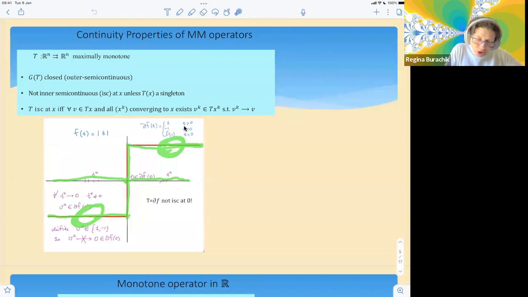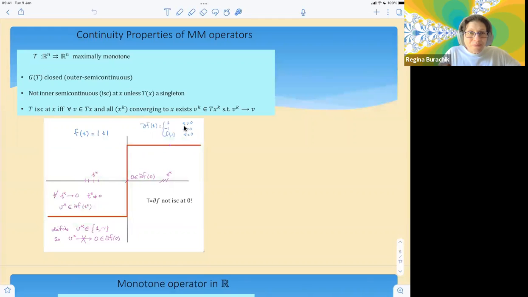Because you have to converge through points in the graph. When you converge through points in the graph, every accumulation point of this part of the graph will be the point (0, 1), or every accumulation point of the graph in this region will be (0, -1). So you will never get to (0, 0), which is that pair that you are looking for in the graph of this very simple function, right?